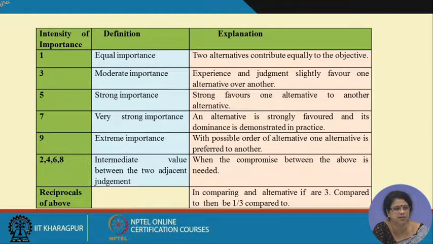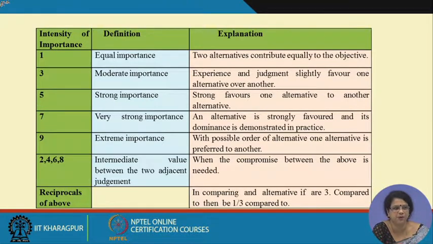You are experienced, you have been asked to give your opinion. Okay? Now, you are giving an opinion whether location A is better than location B or not. If with respect to cost of labor you feel both the locations are equally important to you, then you will give one.